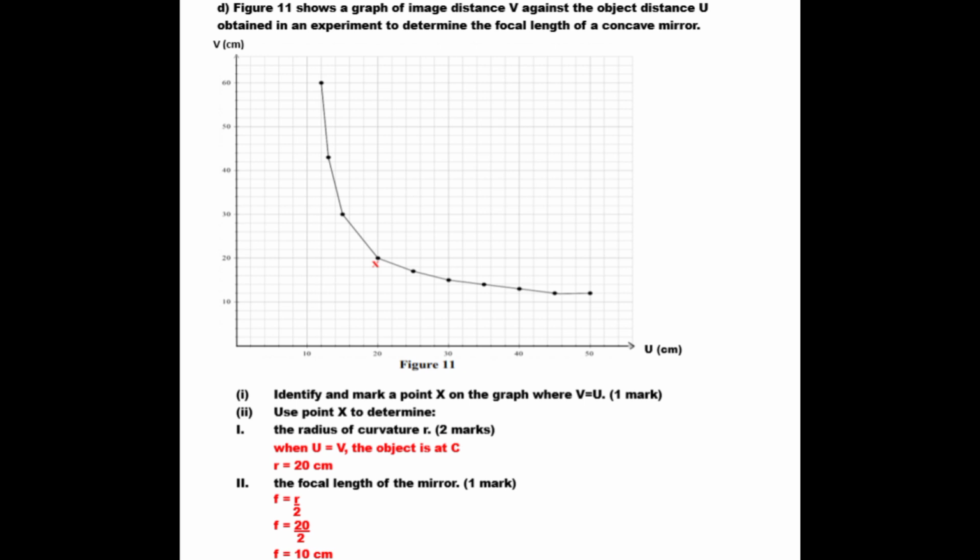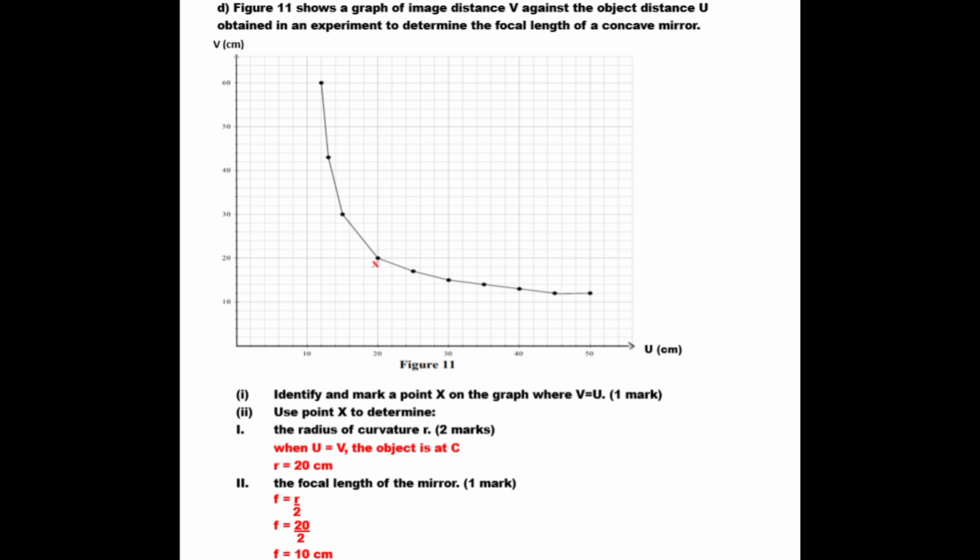Roman 2, use point X to determine, Roman 1, the radius of curvature R. Because U and V are equal, which is 20 centimeters, the radius of curvature is 20 centimeters. In other words, the object itself is actually at C, the center of curvature.